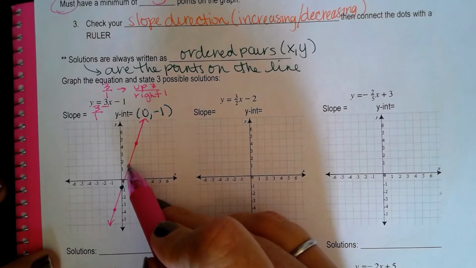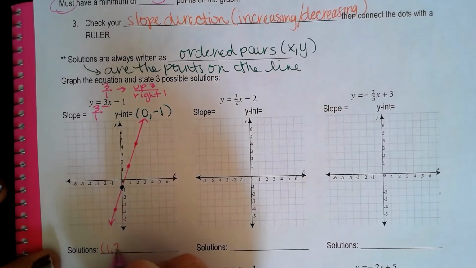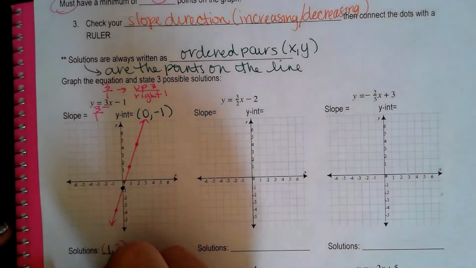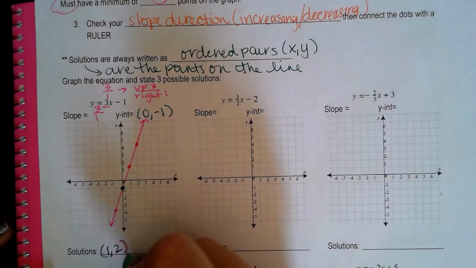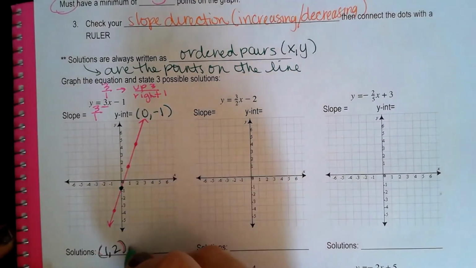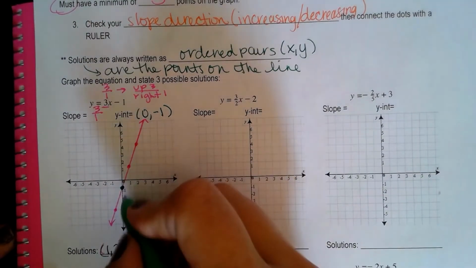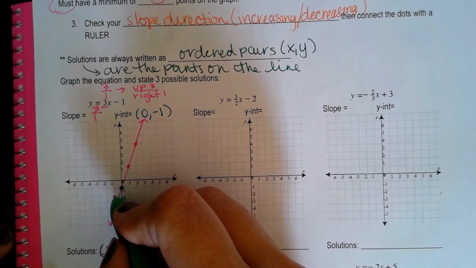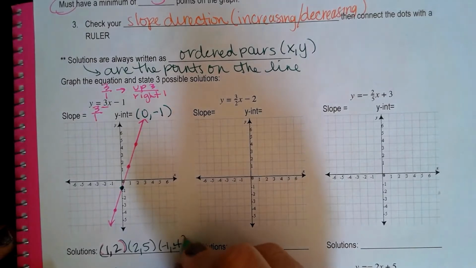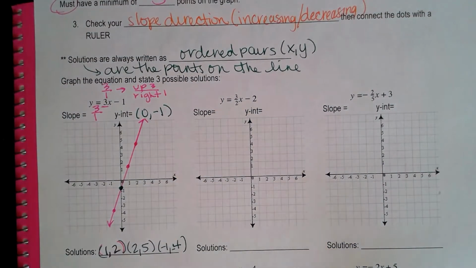That's at 1, 2. Follow my color scheme here. 1, 2. And then I have 2, 5. And then this one's at -1, -4. Okay.